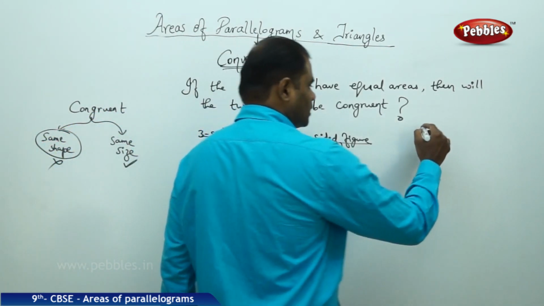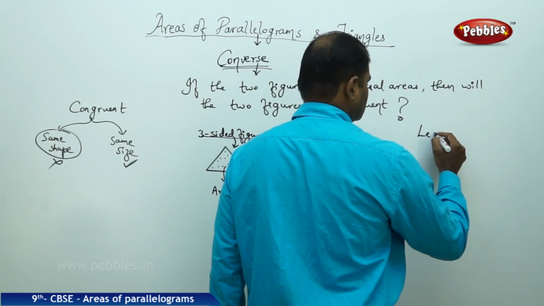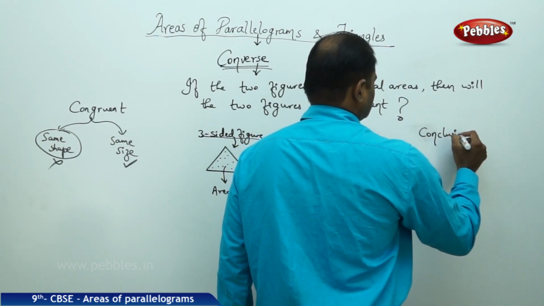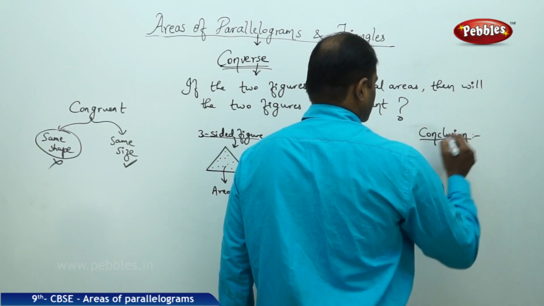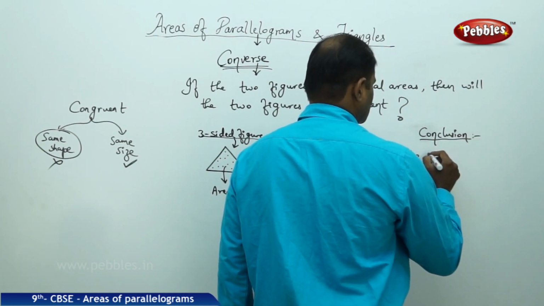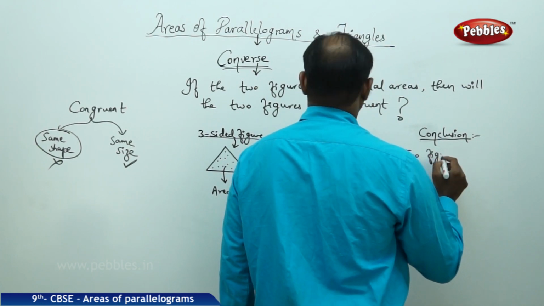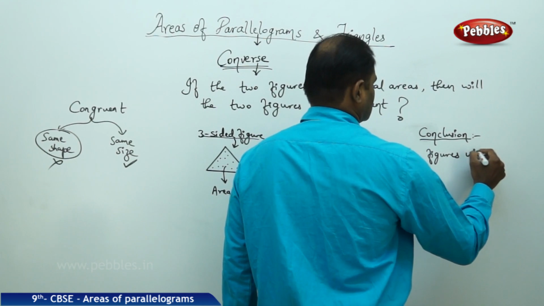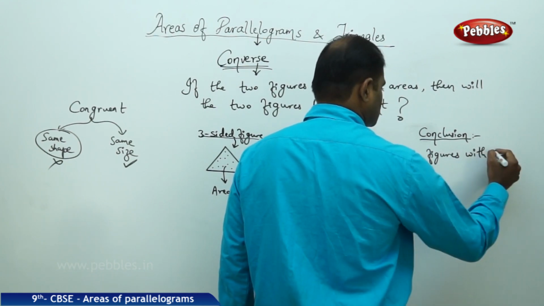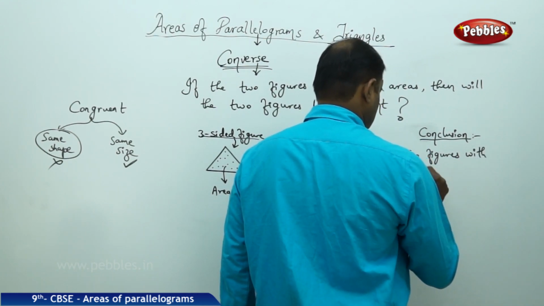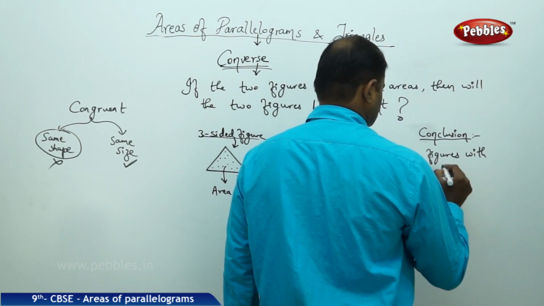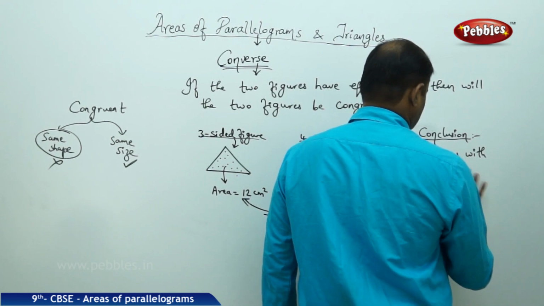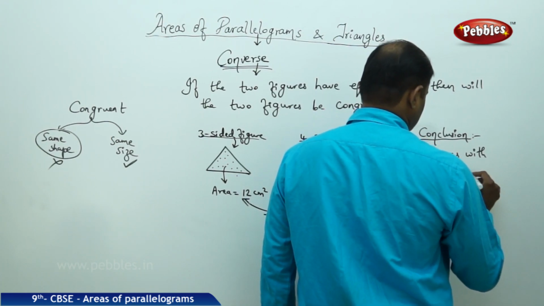Therefore, my learning outcome or the conclusion out here is that two figures with equal areas need not be congruent.